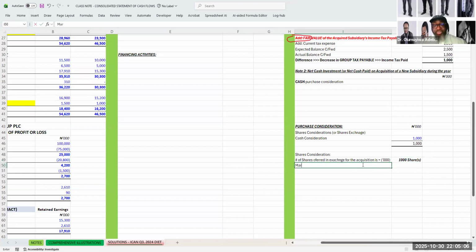Now, what is the market price per share at date of acquisition?